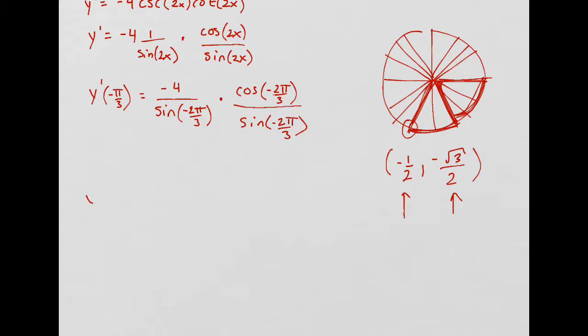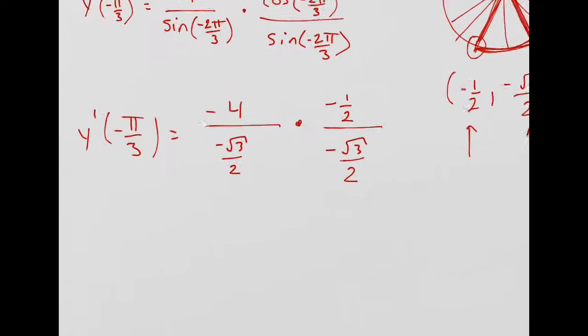So y prime evaluated at negative pi over 3, that's going to equal negative 4 divided by the sine, that would be negative root 3 over 2, times, well, the cosine is negative 1/2, and again, negative root 3 over 2. So we have that.